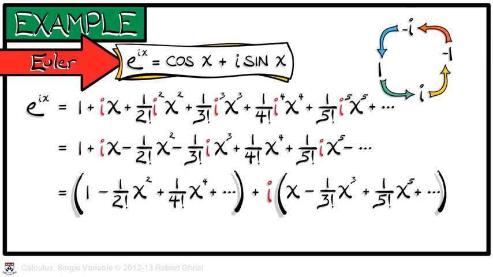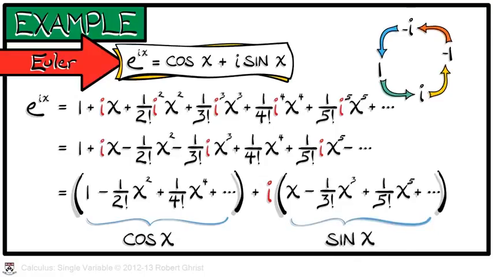From Euler's formula, that must be the cosine of x. Likewise, the sine of x must be the imaginary portion of this expression, that is, x minus x cubed over 3 factorial plus x to the fifth over 5 factorial, etc., with odd powers and alternating signs.